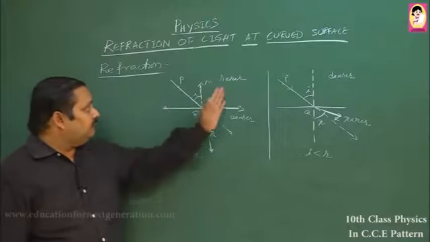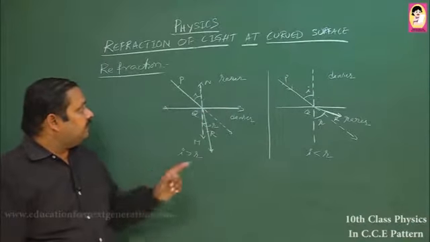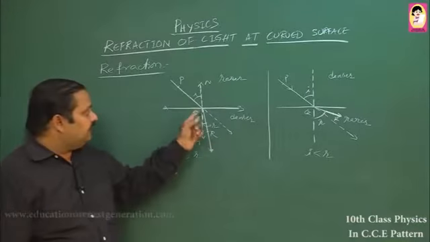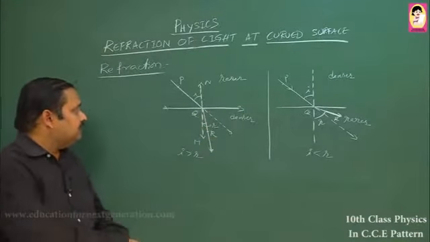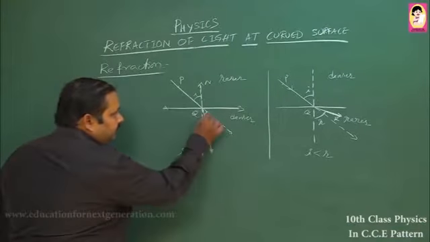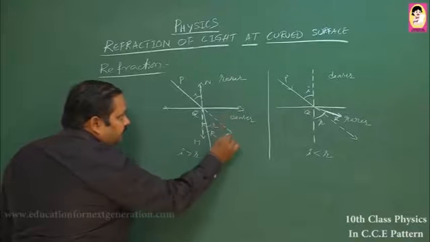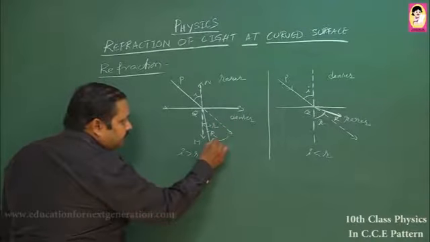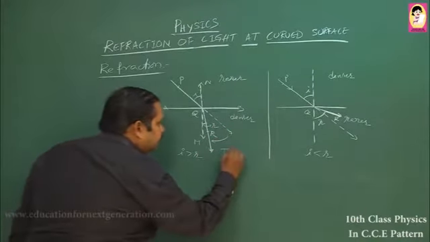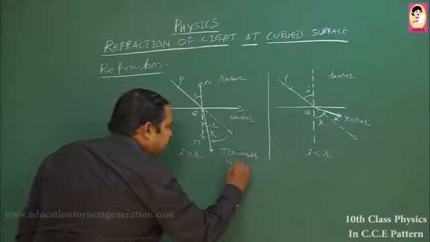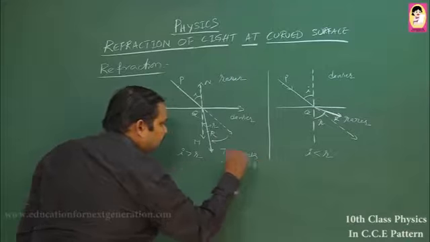So, in the first case, the ray of light is entering from rarer medium into denser medium. In this case, the ray of light bends towards the normal like this. This is the actual path of the light ray. Since it is traveling from rarer to denser, it bends towards the normal.